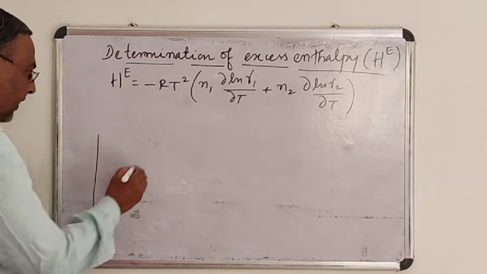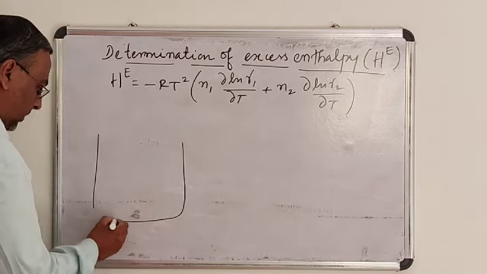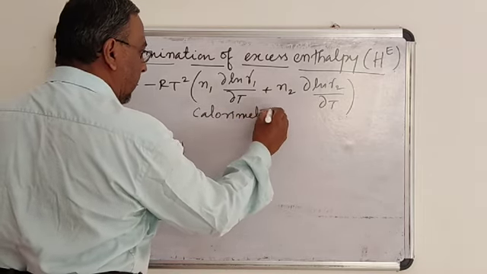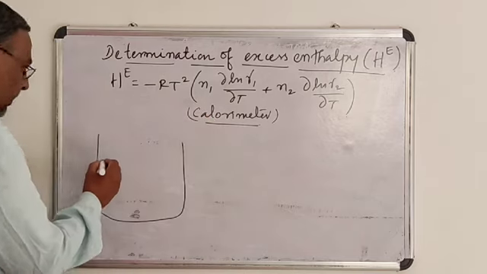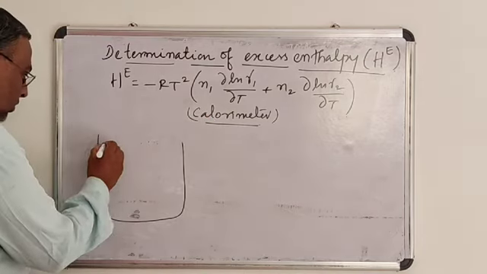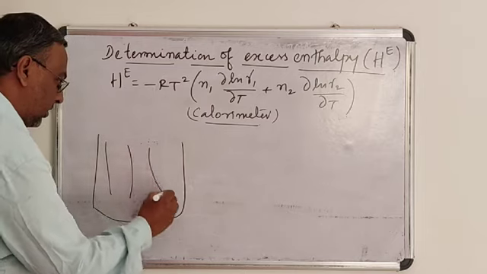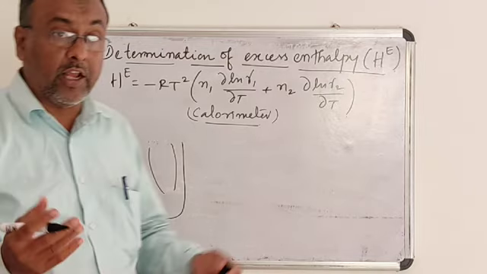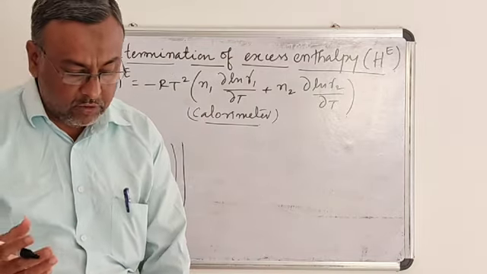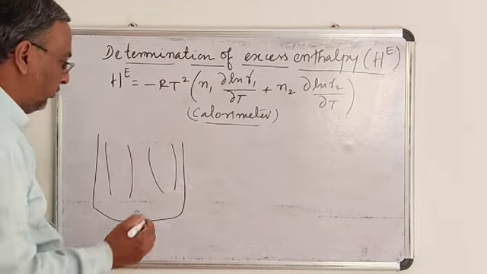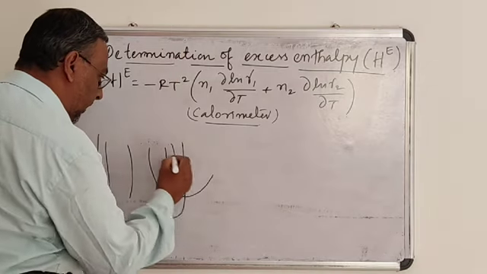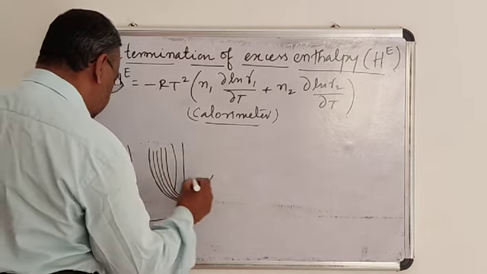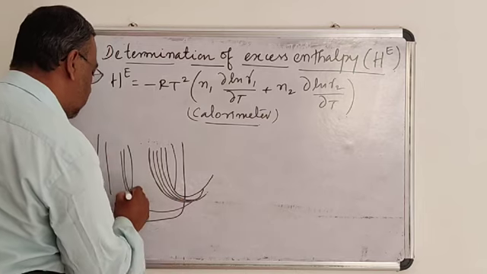In the calorimeter we have two vessels, each having 5 thermopiles, that is, copper constantan thermopiles are used. 1, 2, 3, 4, 5. Similarly, 1, 2.